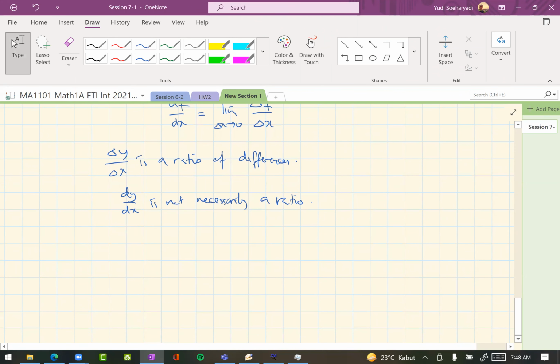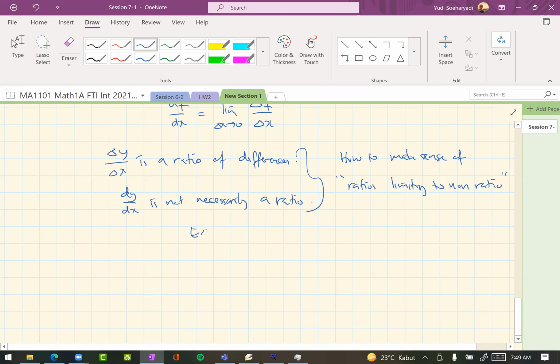So how do we make sense of this? Ratios, but limiting to a non-ratio. How to make sense of a non-ratio?